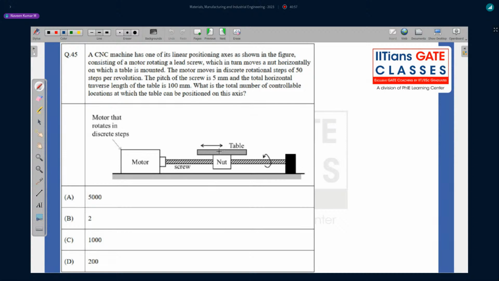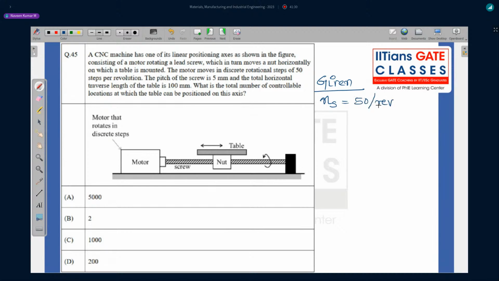That is what we have discussed in our class also, right? We discussed stepper motor and servo motor. So the pitch of the screw is 5 mm, and the total horizontal traverse length of the table is 100 mm. So let's write what is given. The motor has rotation steps of 50, so number of steps, ns, is 50 per revolution.